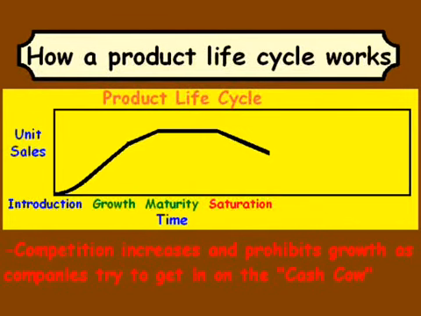Say somebody else decides to get in, or another company says, hey, this company's making so much, this market's really big, let's enter the market and see if we can do this better. So competition increases, and that prohibits growth as the companies are trying to get in on that cash cow and make money from the proven product, and see how they can make improvements.